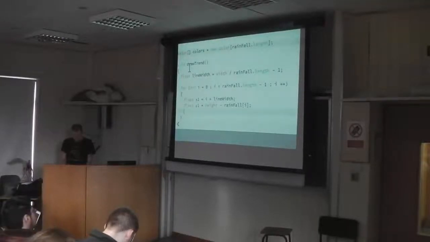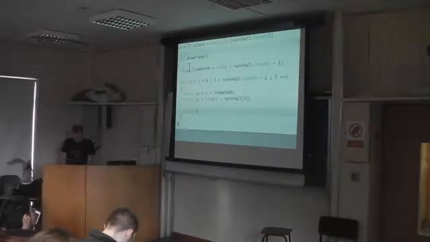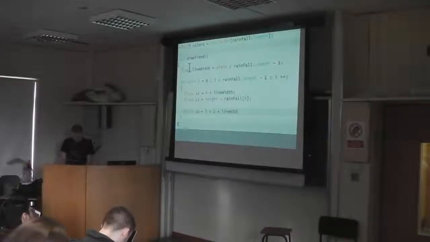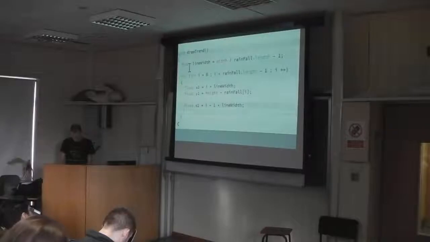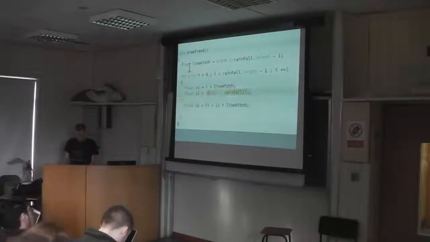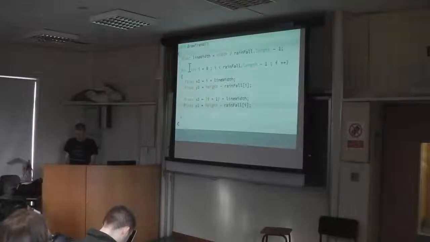And then let's calculate x2 and y2. So x2 is going to be equal to i plus 1 multiplied by the line width. y2 will be the height minus rainfall at position i plus 1.